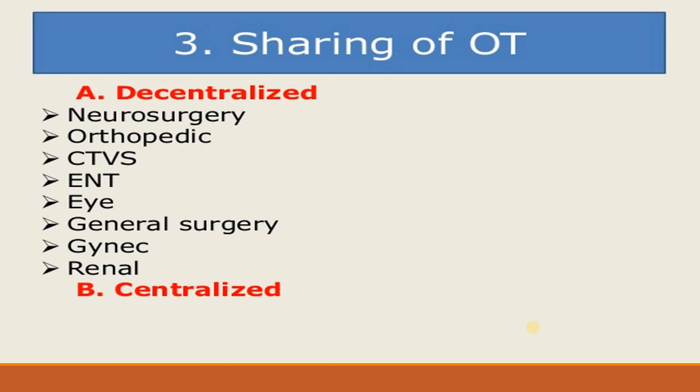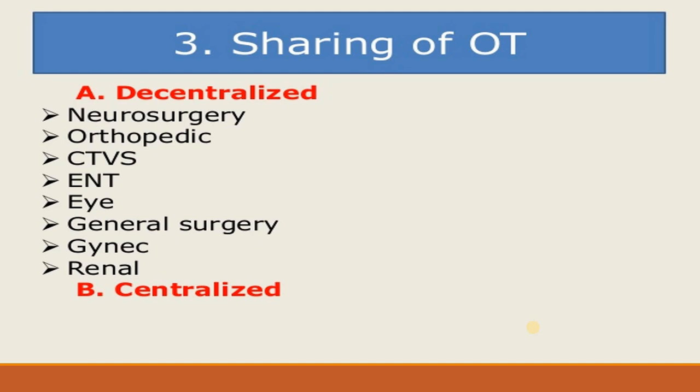Next ENT, ophthalmology OT, plastic OT, whenever any plastic surgery is there it is done here. General surgery OT, gynae OT, renal and urology OT, transplantation OT, radiographic OT. These all are the decentralized OTs.